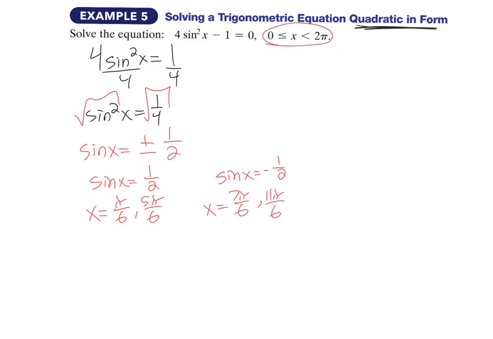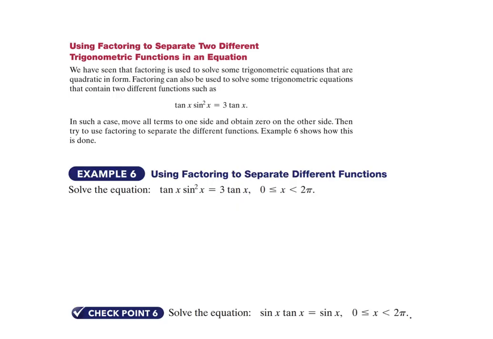Now, those are all the answers between 0 and 2 pi, and because there was not any number multiplying by x, we have finished, and those are our 4 solutions. Now, we might also be able to use factoring to separate two different trig functions as an equation.